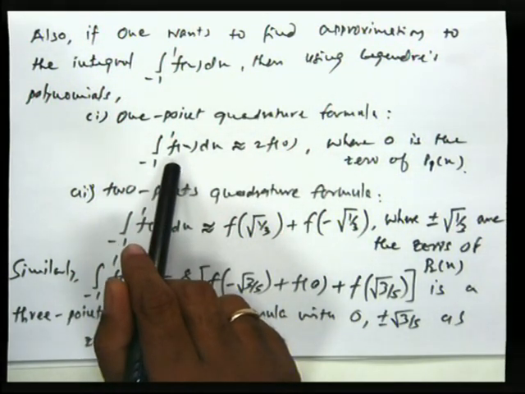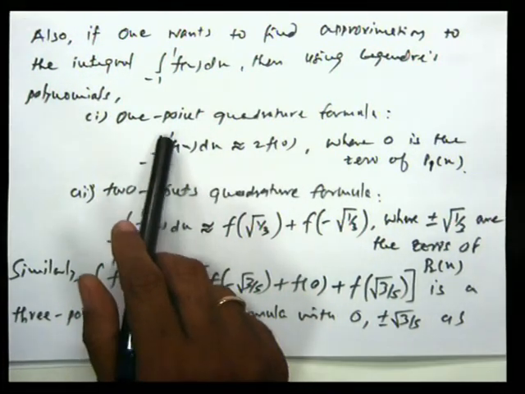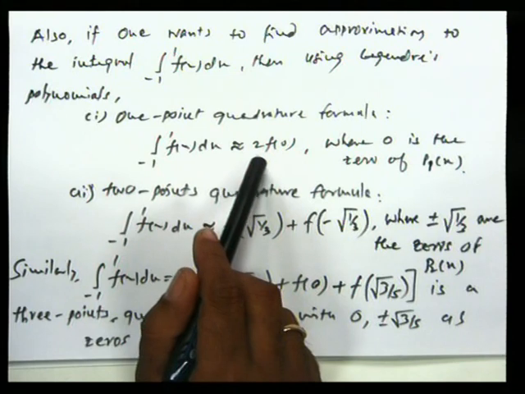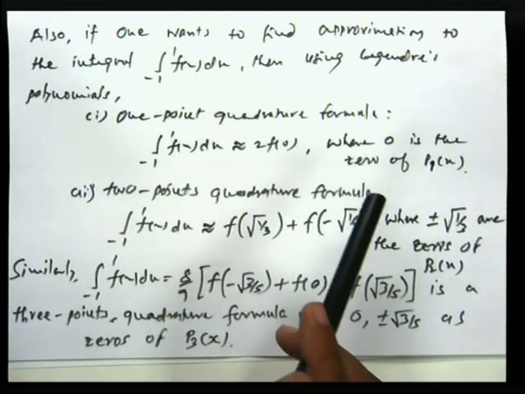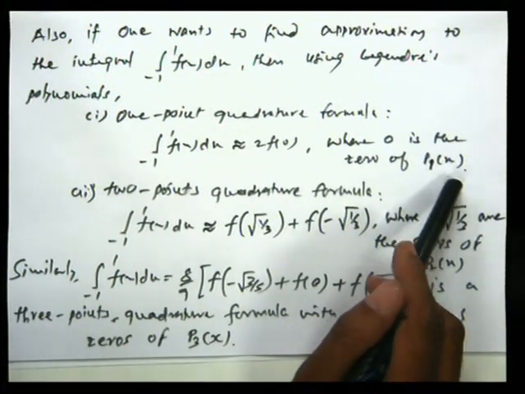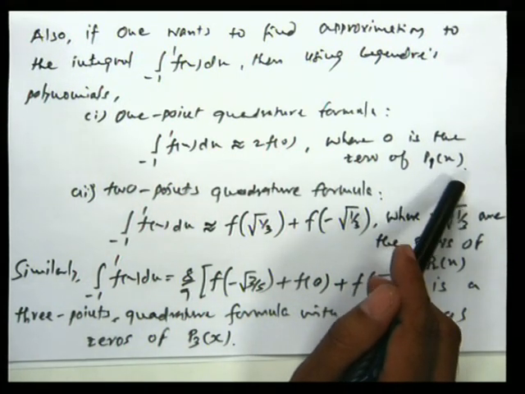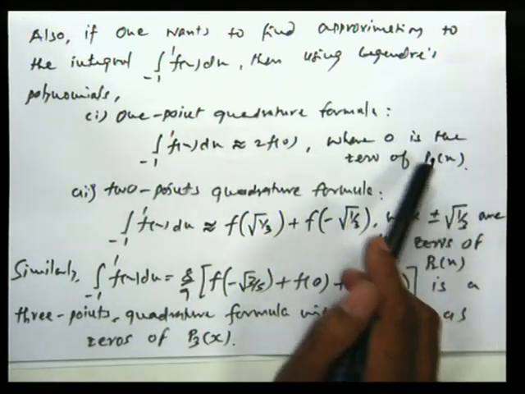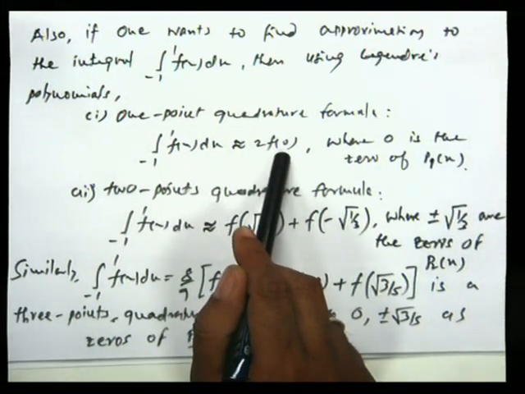The approximation is given by the integral from minus 1 to 1 of f(x) dx equal to 2 times f(0). We know the Legendre polynomial of degree 1, P1(x), is x. If I take P1(x) equal to 0, that means x is equal to 0, which is the node. So we get the value 2 times f(0).